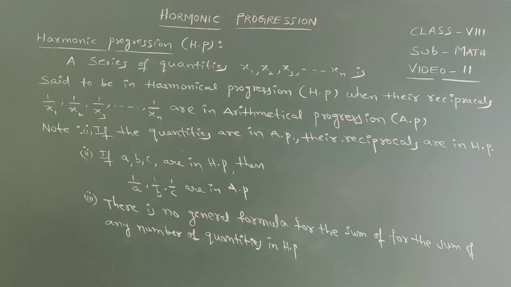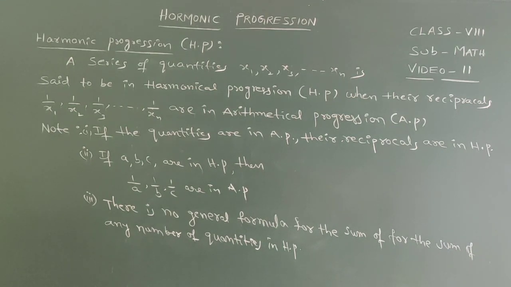When A, B, C are in HP, the reciprocals 1 by A, 1 by B, 1 by C are in AP. Otherwise, if A, B, C are in arithmetic progression, then 1 by A, 1 by B, 1 by C are in harmonical progression. Converse conditions, the converse is also true.